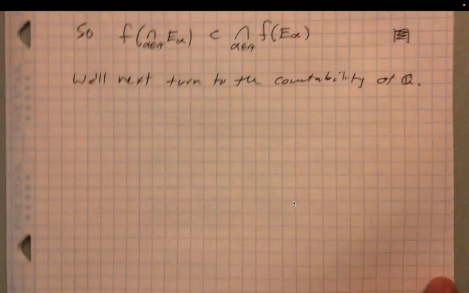Okay. Now, in order to prove that the rational numbers are countable, we need to use this indexed family of subsets business, and we also need to use the following theorem.